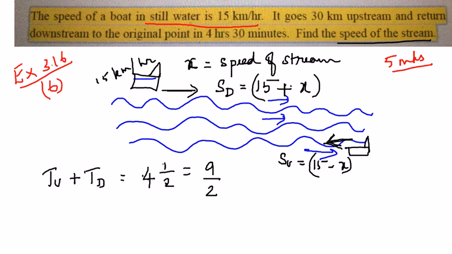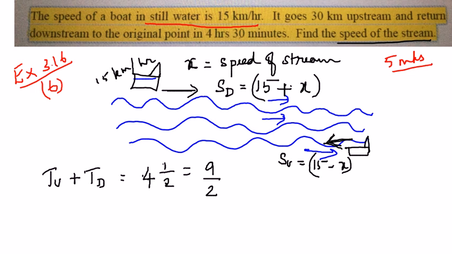Okay, this is one concept that you have to understand. Once this is understood, the sum is very easy. When you're going downstream, the speed of the boat and the speed of the stream will be the total speed, since you're going in the same direction. Upstream, in the opposite direction, the speed will be 15 minus the speed of the stream, right?